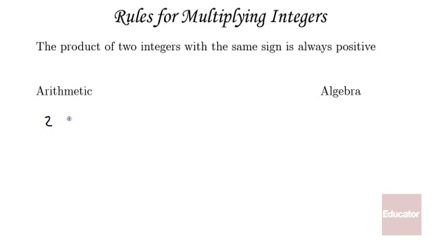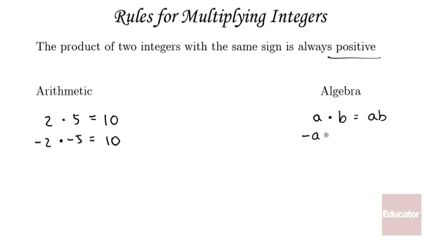So for example, 2 times 5 are both positive values and your answer is a positive 10. Or negative 2 times negative 5 is also a positive 10. So your answer is always positive. In algebra, you could represent this by a times b, which equals ab, a positive value, and negative a times negative b, which will also equal positive ab.